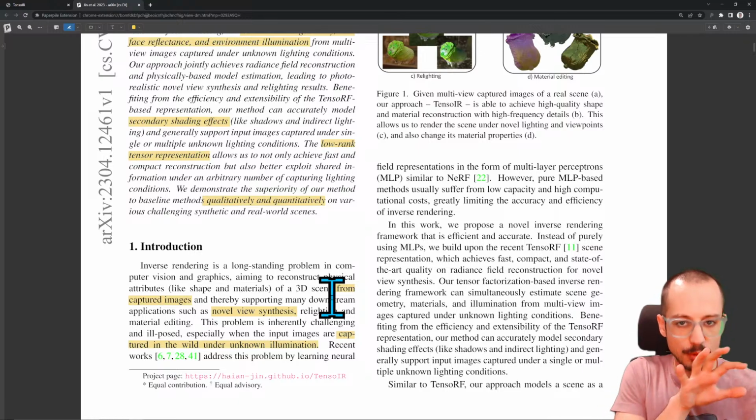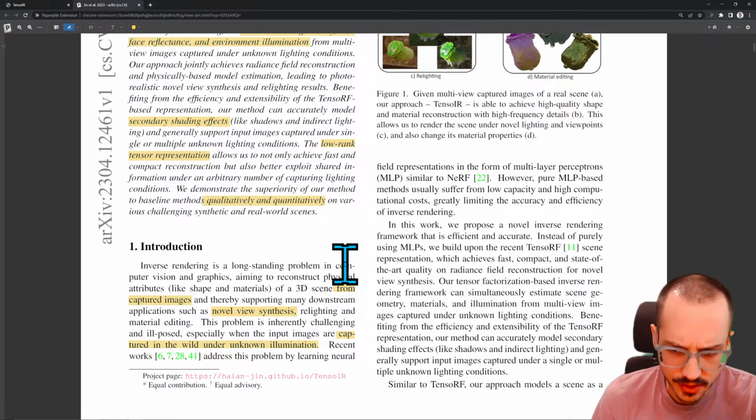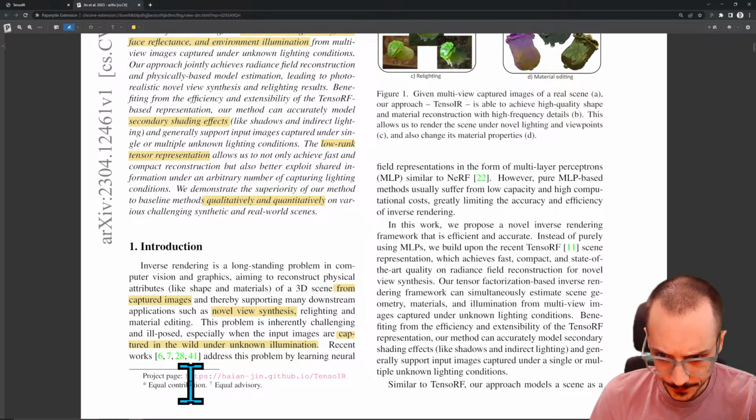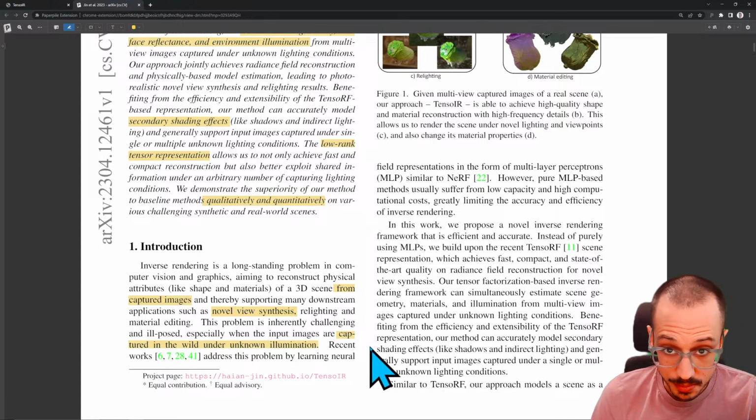You don't want to take a couple pictures of it and then change the lighting and take a couple pictures from different angles. It won't work as well. So being a little bit more robust to the changing in lighting would be pretty big for NERFs. So it seems like they're potentially suggesting that they have a solution to that.